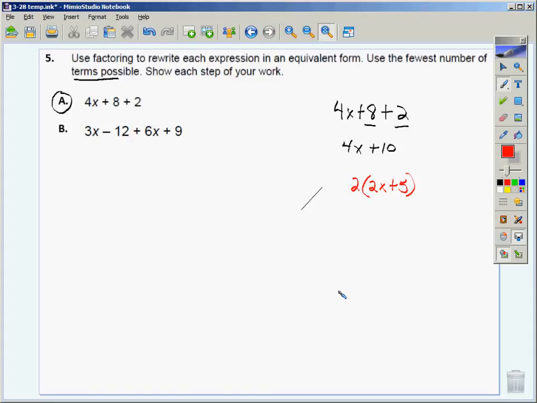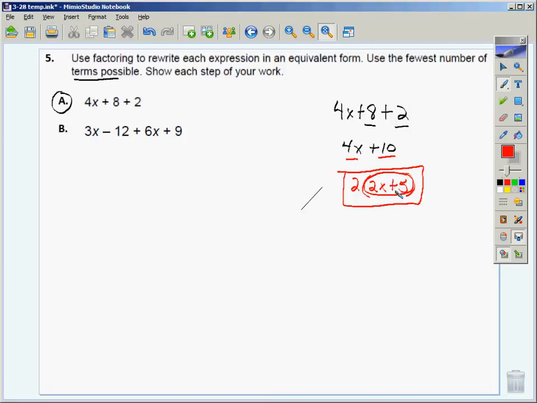Now this is a little bit of a trick question. How many terms is this? 1. This is one term, because this is a group, it's parentheses times a number. Yeah, it is multiplication. But the only thing that makes a term is being separated by what? Addition or subtraction. This is one thing inside of parentheses.